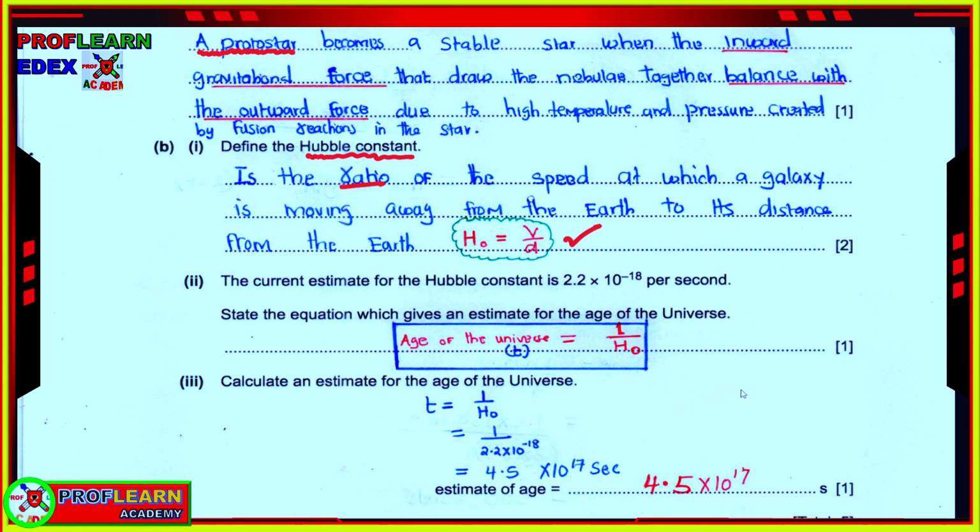We have already said that Hubble's law is given by this formula, v over d.